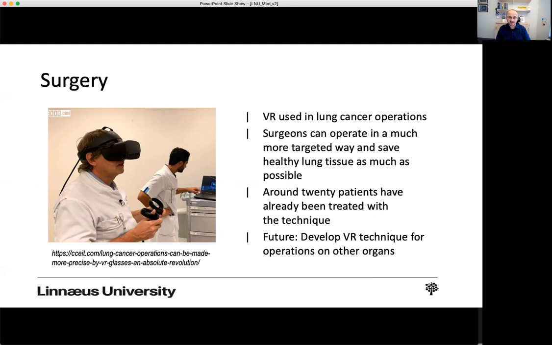So obviously it helped with the process of the surgery. They report that they already used this in 20 patients, and in the future, these surgeons plan to develop these VR techniques for operations on other organs besides the lungs.